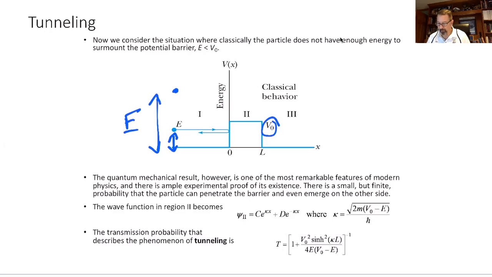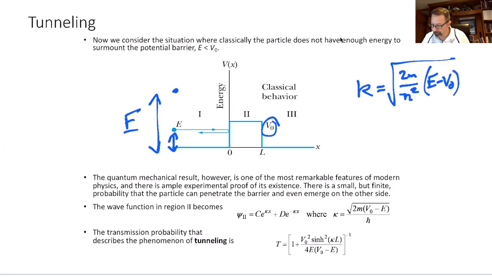But we have this wave function whose wave number we said was the square root of 2m over h bar squared, and it was total energy minus potential energy. In this particular case, though, in region 2 here, this was K2, the energy is less than the potential energy.